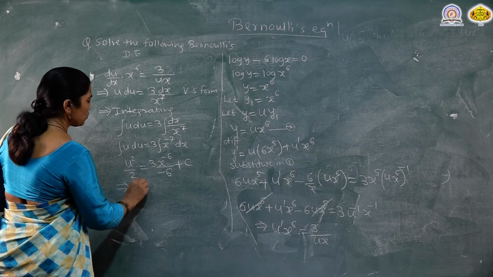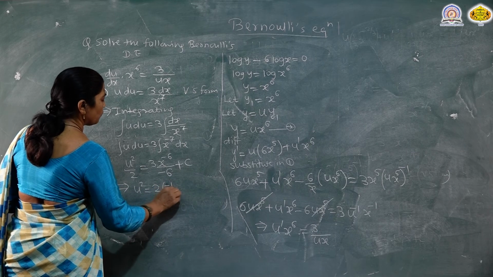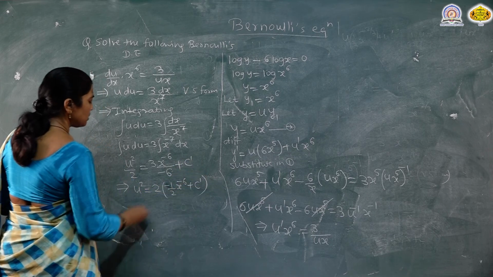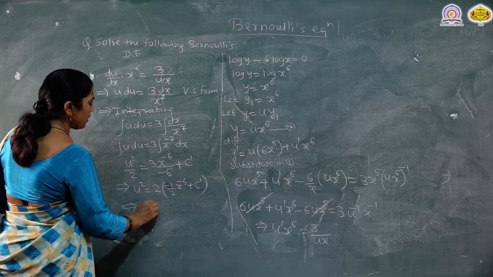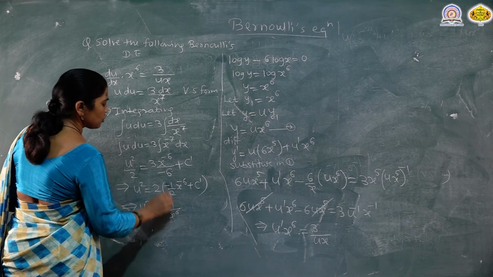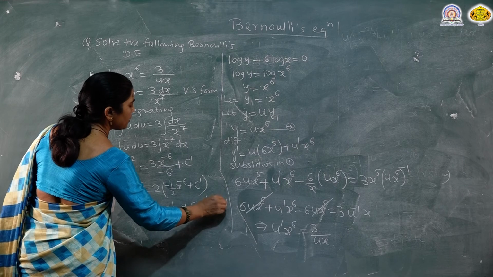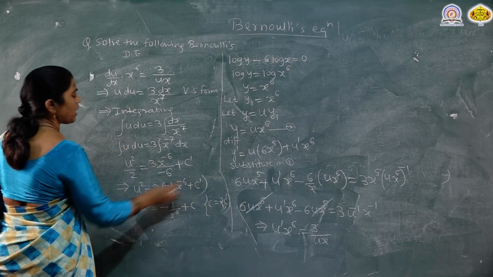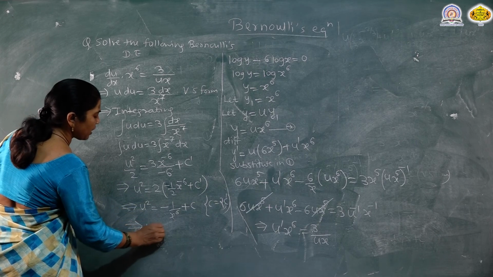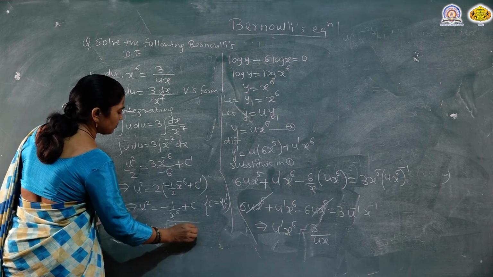We get u square is equal to 2 into 3 into minus 1 by 6 x raised to minus 6 plus some constant c dash, or u square is equal to minus 1 upon x raised to 6 plus 2c dash. I assume 2c dash is equal to c, another constant. This is the value of u square, or simply we get u is equal to root of minus 1 upon x raised to 6 plus c.